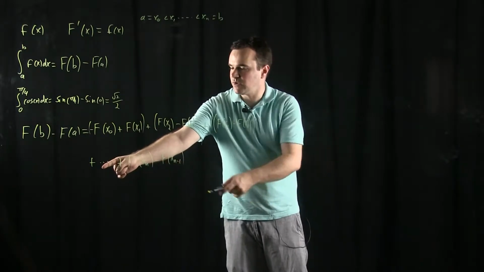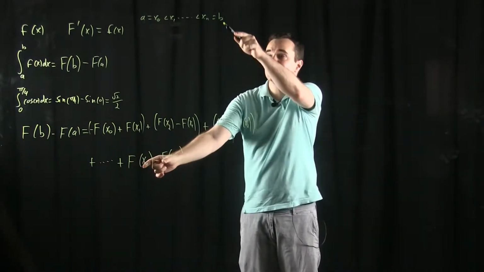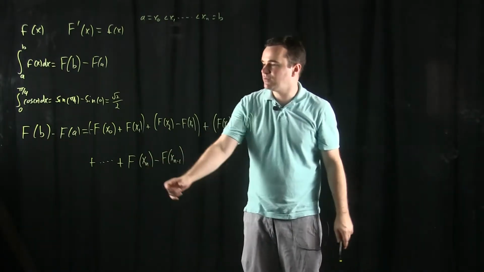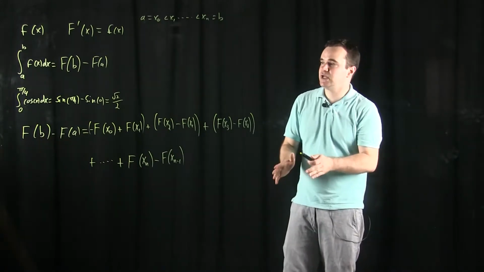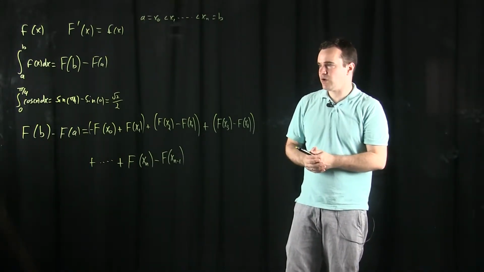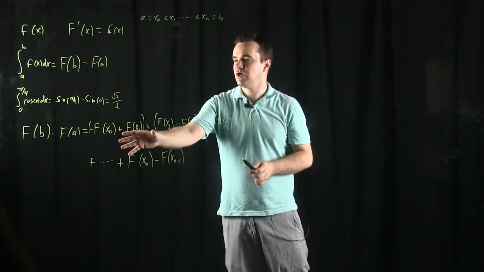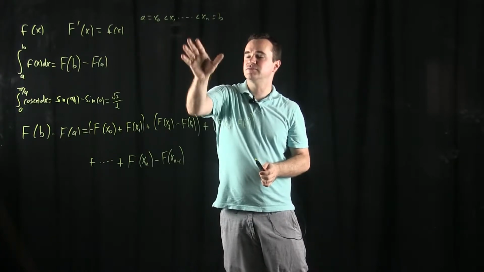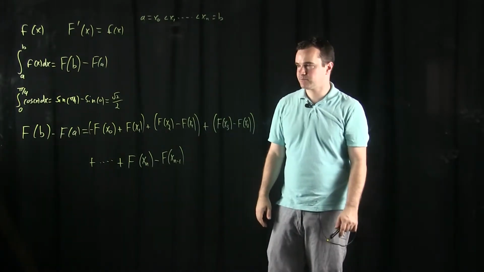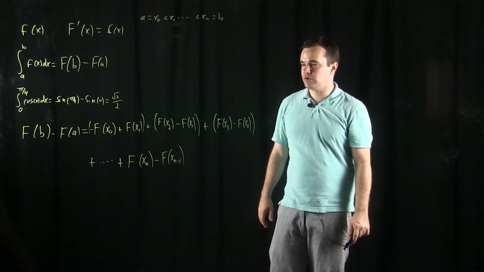F of xn minus 1 will cancel here, but this one doesn't have anything next to cancel with it. But F of xn is equal to F of b. So what I'm left with is F of b minus F of a. I really didn't change the value of F of b minus F of a. I just included all these other terms in this partition that I've picked. And so this is the thing that really lets us go to work.